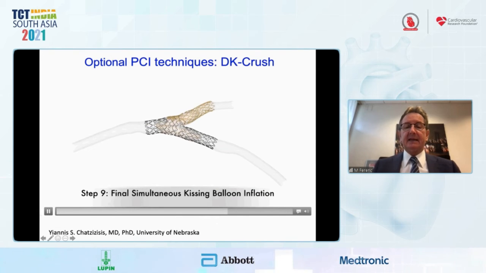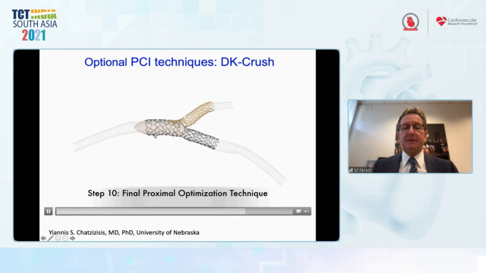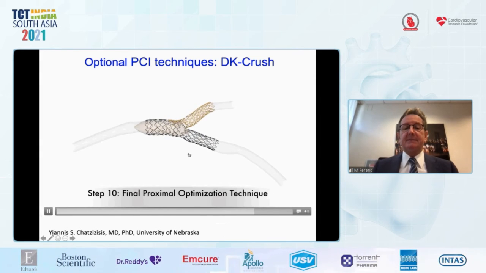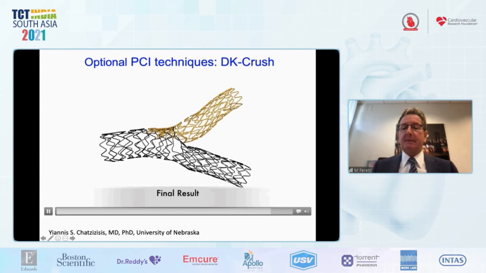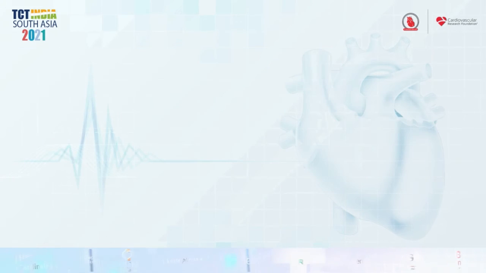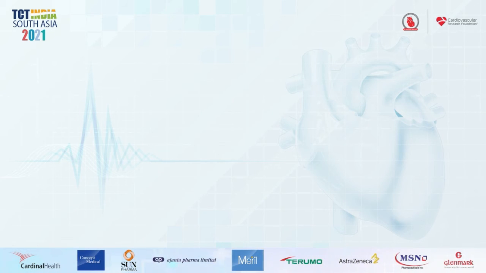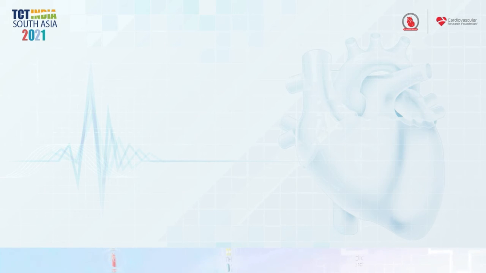This is the second kissing, and of course final POT. So these are all the steps from DK crush, and you have here a very small segment with 3 layers of struts, but this is usually, if you just take a look with OCT, really no big problem.